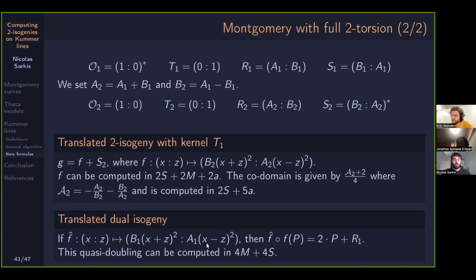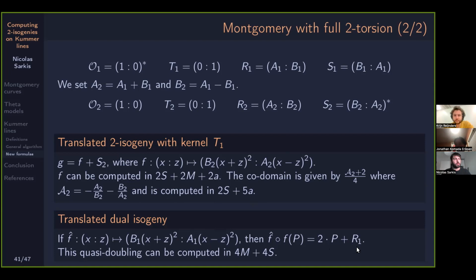And if you combine that with the dual isogeny given by this formula, you can recover almost doubling formulas. You get doubling formulas up to a 2 torsion point, and it's in 4 multiplications and 4 squarings like we had previously.